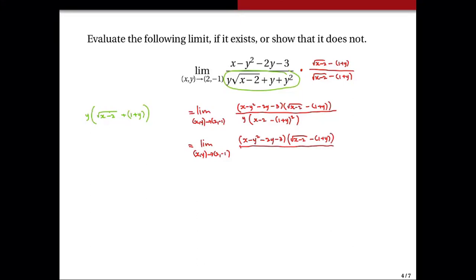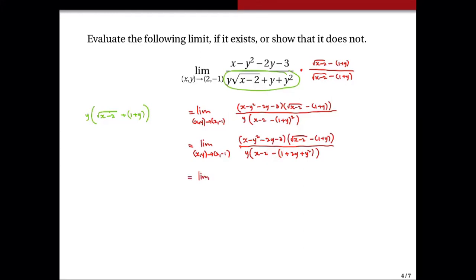In the denominator, we still have the y outside. Then we have x - 2, then minus, we expand (1 + y)²: it's 1 + 2y + y². And then we distribute this negative.